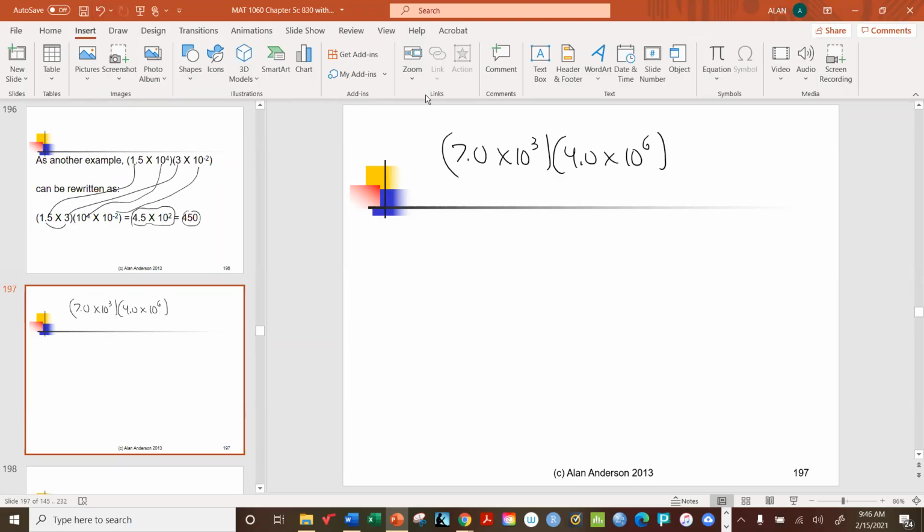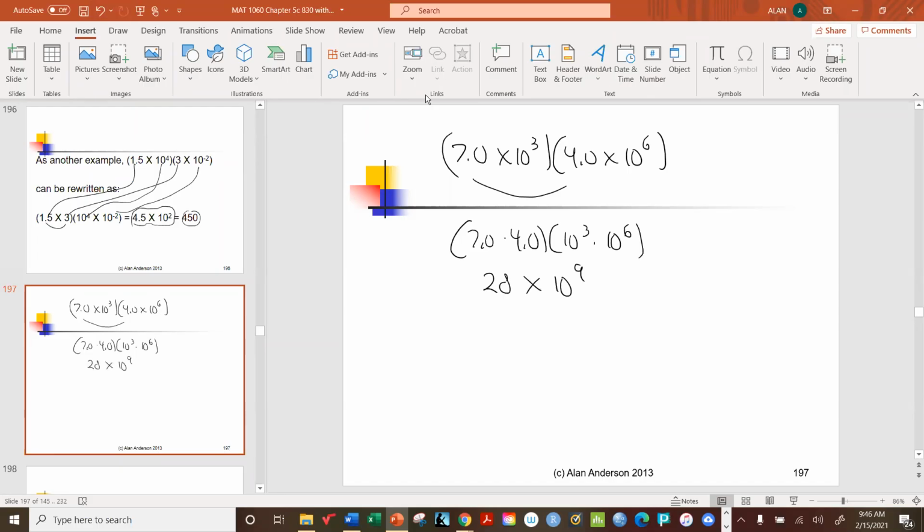Well, the problem here is that when you multiply these out, let's say you rewrite this as 7.0 times 4.0, and then you've got 10 to the third, 10 to the sixth. You've got 28 times 10 to the ninth.